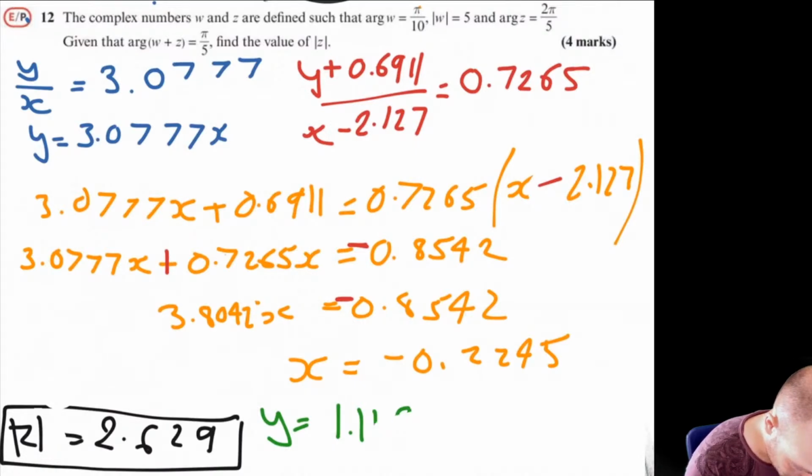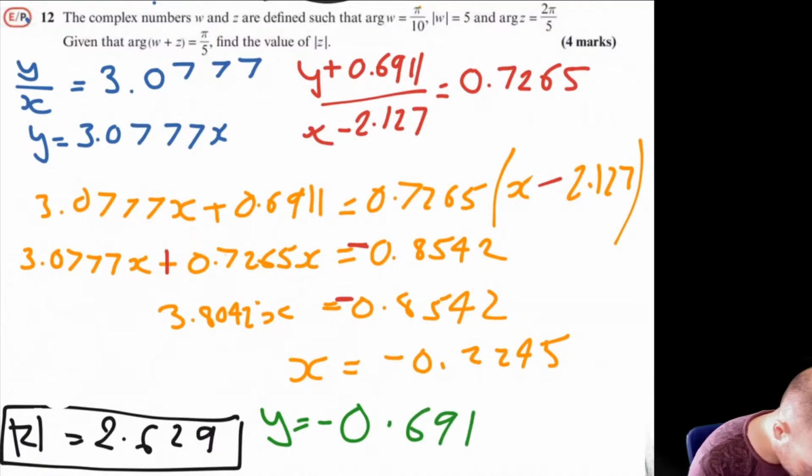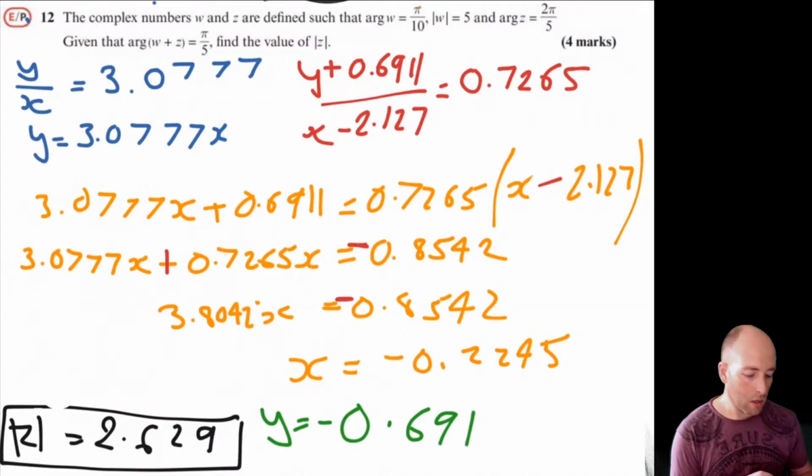Y would be nice and small as well, minus 0.691. No, it didn't work. It should work. I must have made a mistake or rounding errors, but yeah.